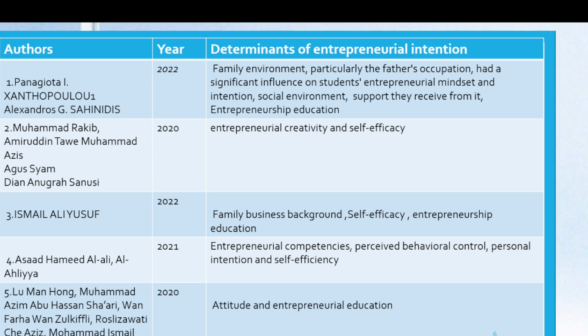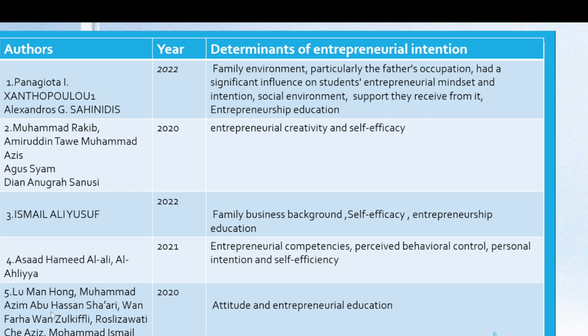The conclusion of Ismail Ali Yusuf is that the determinants are family business background, self-efficacy, and entrepreneurial education. The result from this author is that the determinants are entrepreneurial competencies, perceived behavior control, personal intention, and self-efficacy.